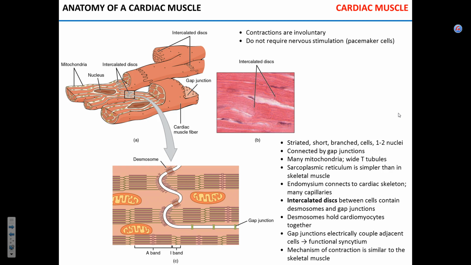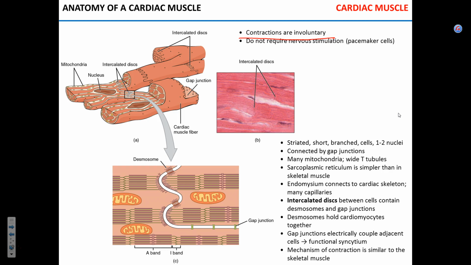Okay. So, a few things distinguish cardiac muscle from skeletal muscle. First and foremost, cardiac contractions are involuntary. Obviously, you cannot control your heart in the true sense of the word.